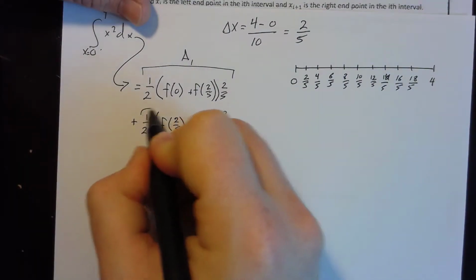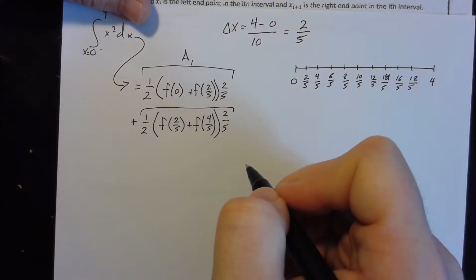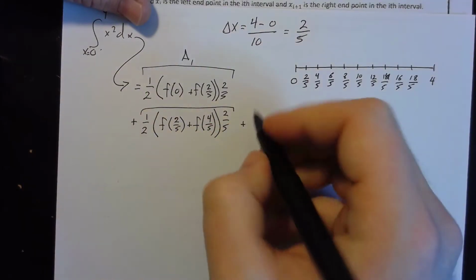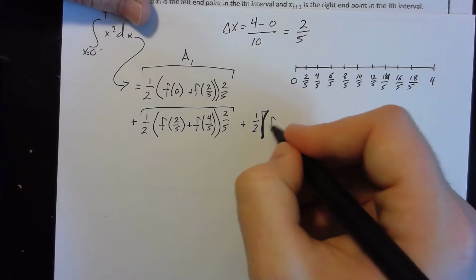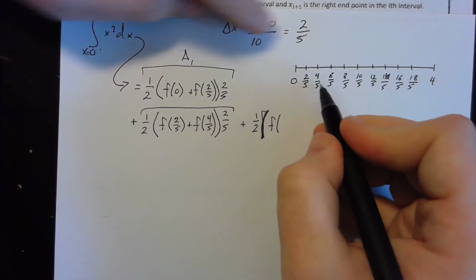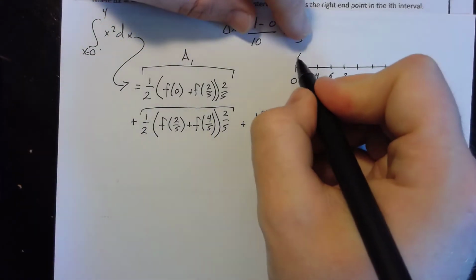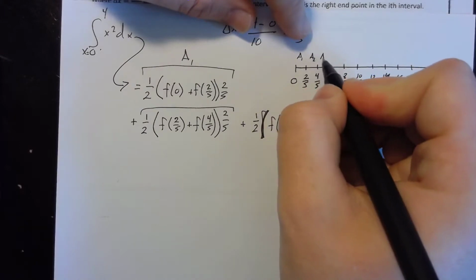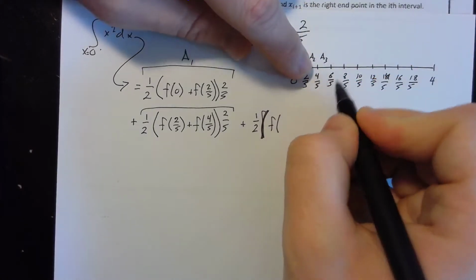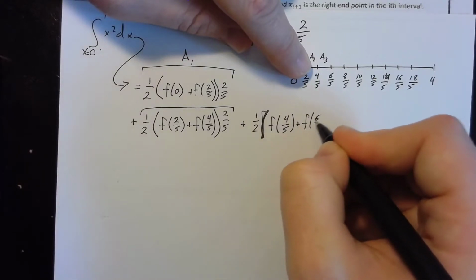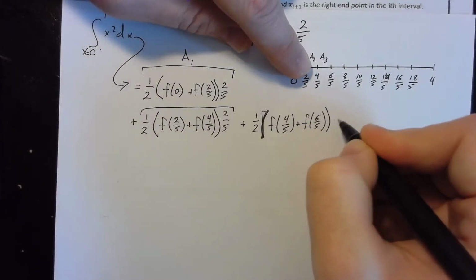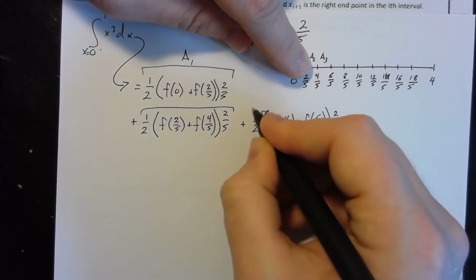So this one right here is a2, and I'm going to add to that another one, 1/2 multiplied by f of 4/5 plus f of 6/5, multiplied by, again, the 2/5 value. So this is a1, this is a2, now I'm creating a3.